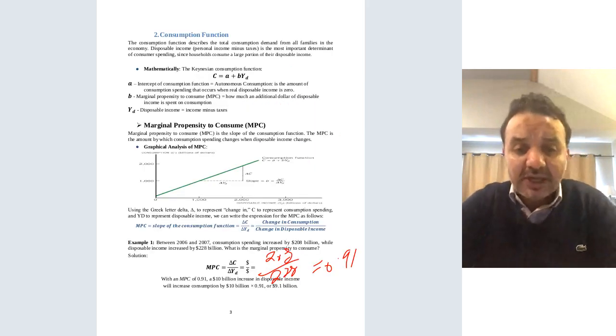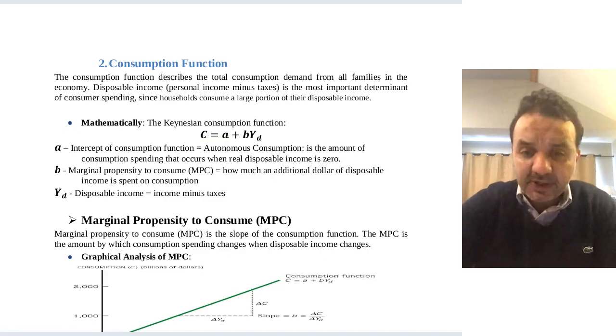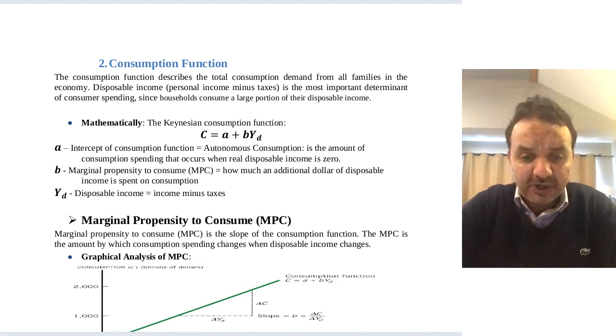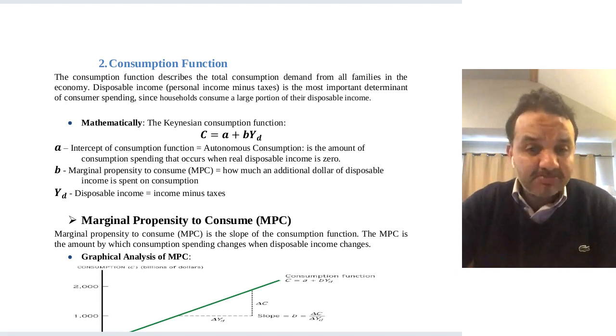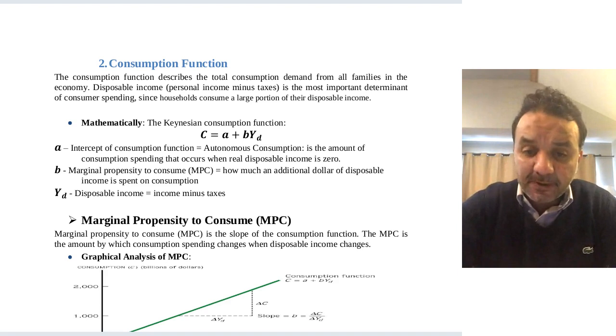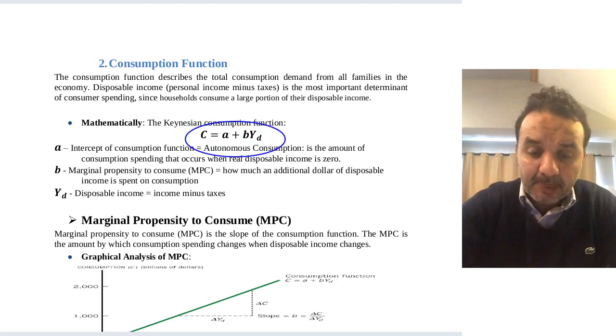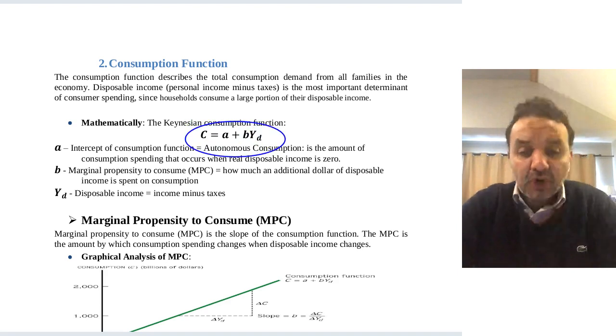Okay, so let's see this. This is the consumption function. In order to understand what are the factors which affect the consumption, there is a very well-known function called the Keynesian consumption function, which is this one here. Let me explain this formula.